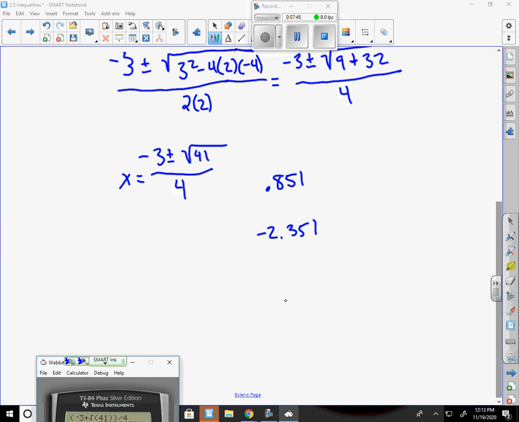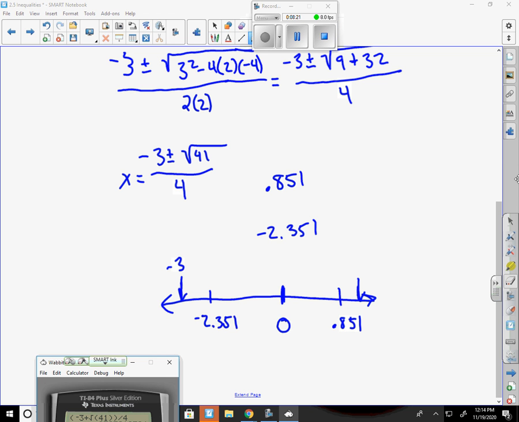So if I have, like on a number line, negative 2.351 and 0.851, I'm going to want to choose a number in between those two, which would be 0, because it's going to be the easiest one to plug in. I'm going to choose a number to the left, say negative 3. I'm going to choose a number to the right, say positive, we'll just make it 1, because it's going to be easier.